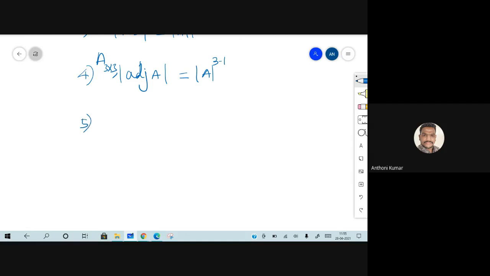The next is a very important formula, the inverse of the matrix. But before that, if A is a square matrix that is singular, then det of A will be equal to what? If A is singular, the determinant of A is equal to 0.